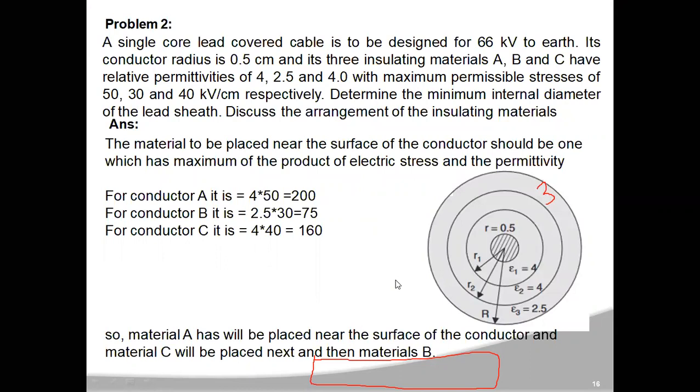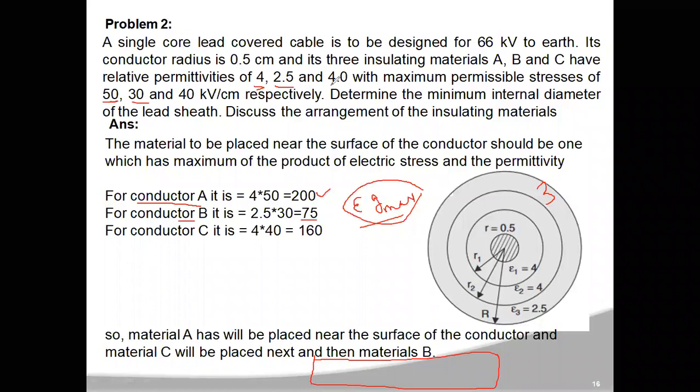Now consider the product of epsilon and Gmax for material A. For A, epsilon is 4 and Gmax is 50, so 4 into 50 is 200. For B, epsilon is 2.5 and the maximum stress is 30, so 2.5 into 30 is 75.